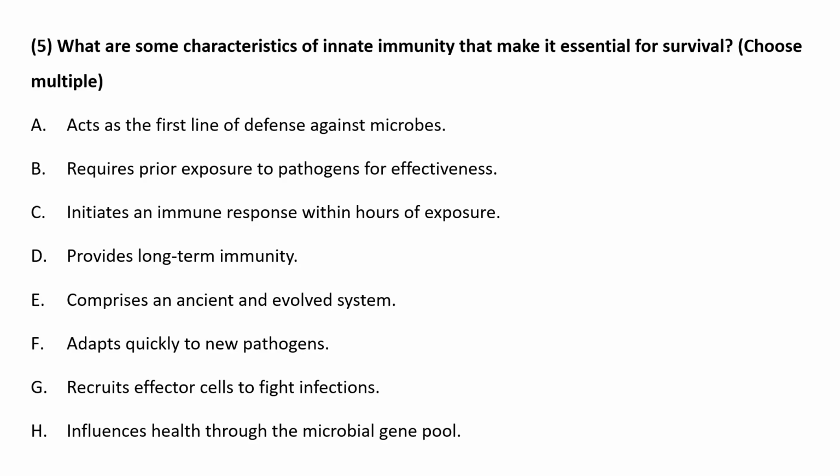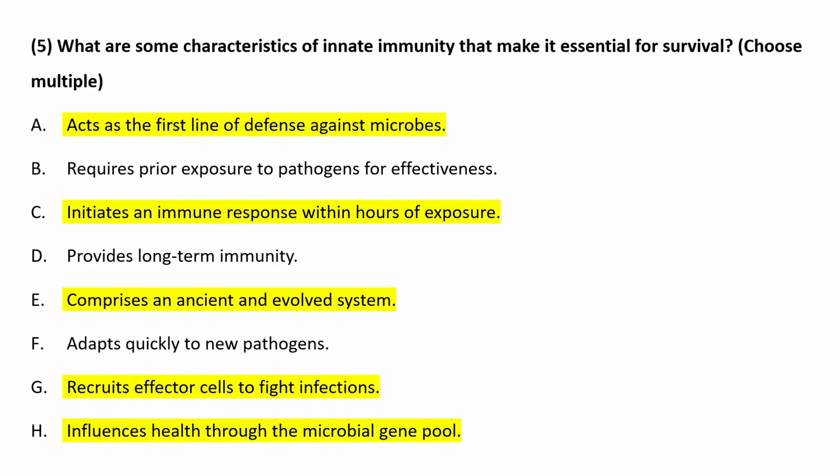The next question is, what are some characteristics of innate immunity that make it essential for survival? You have to choose multiple options from this. First of all, we have seen that innate immunity acts as a first line of defense against microbes.